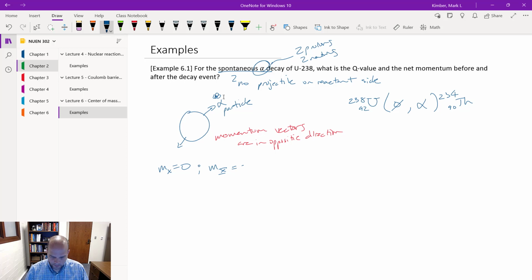And so if we look this up, it's going to be 238.050788 AMU. And on the product side, we've got our alpha particle, which again we looked up with the AMU table or chart. And we likewise look up the mass for our heavy product, which is going to be our thorium-234.